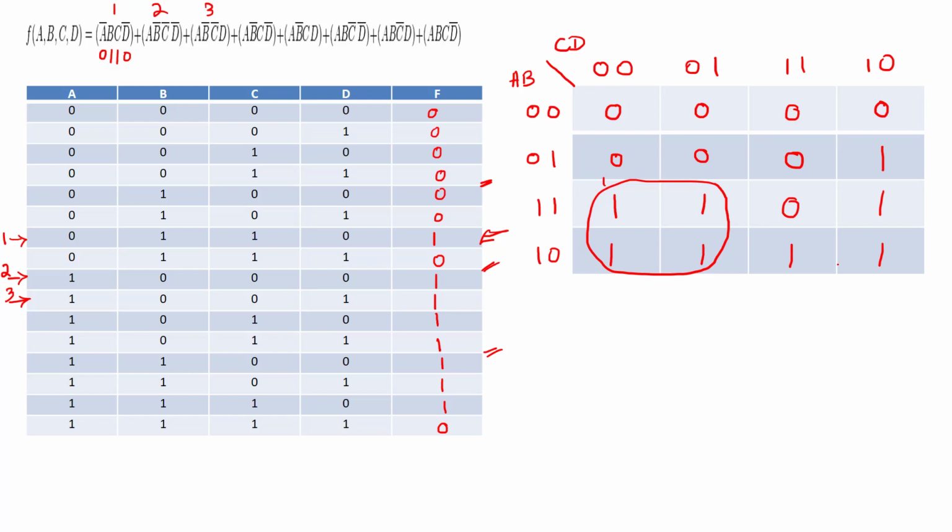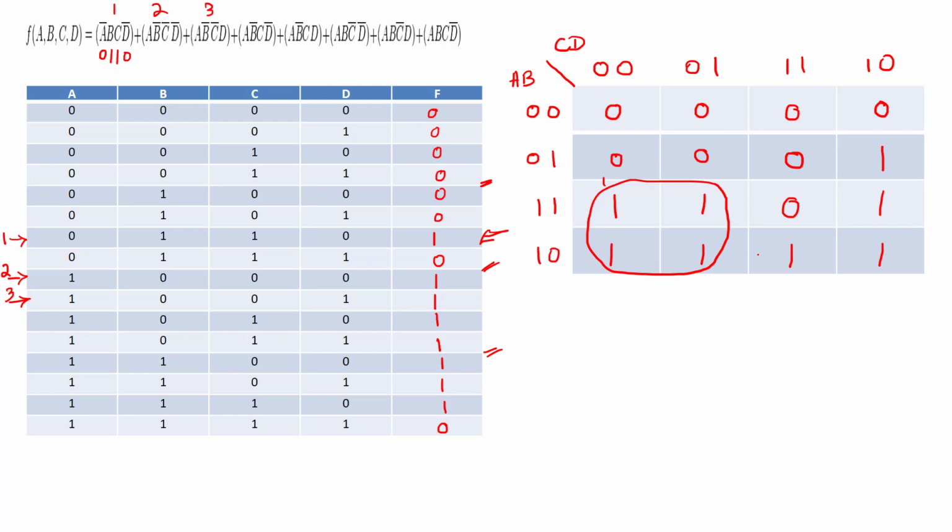By looking this over here, I can see that this is a group of 2. But what if I combine these two with the 2 over here and make a bigger group? This is actually allowed. You can overlap 2 groups as long as there is at least one cell that is not common between the 2 groups. So essentially we do not want 100% overlap. That would be redundant.